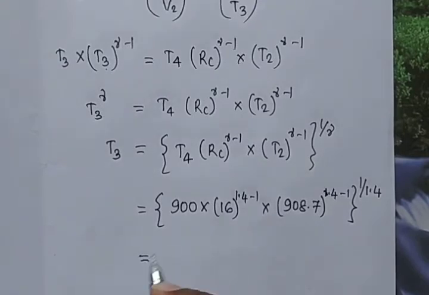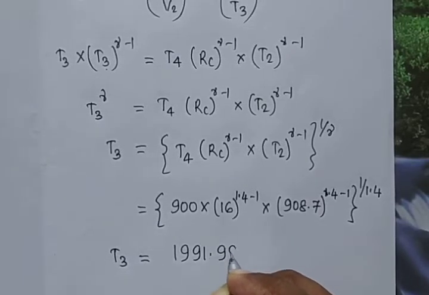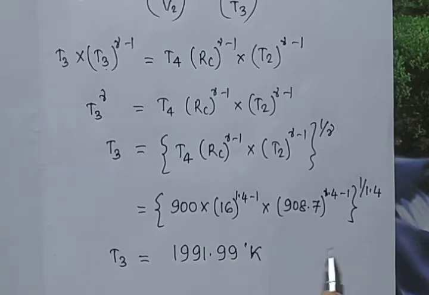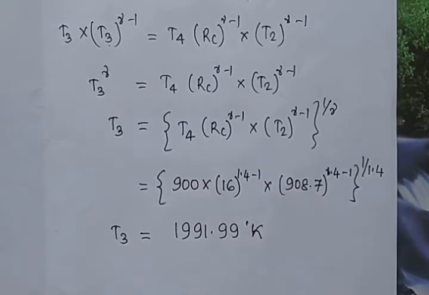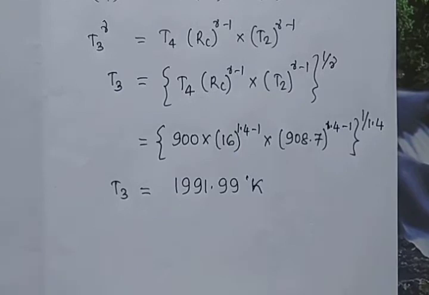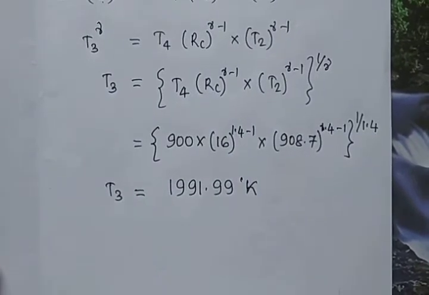So solve these terms in the bracket. So you get the value of T3 as 191.99 kilojoules.